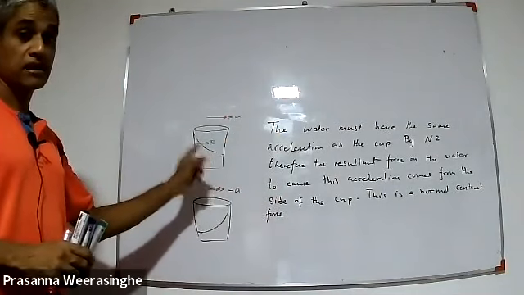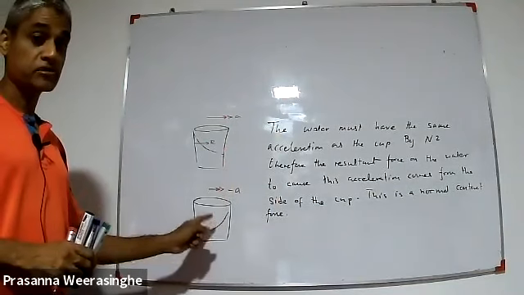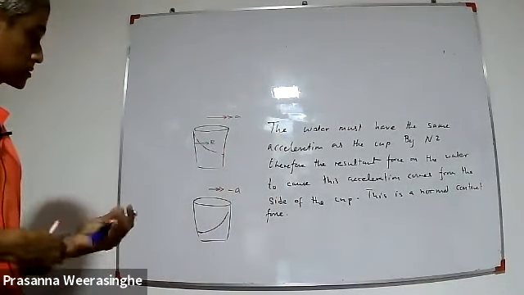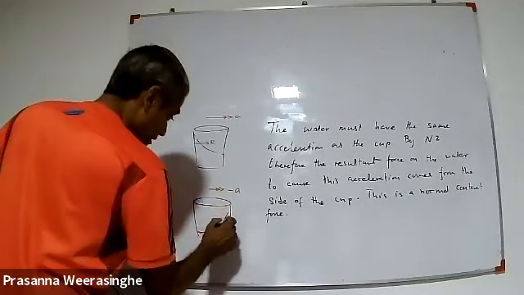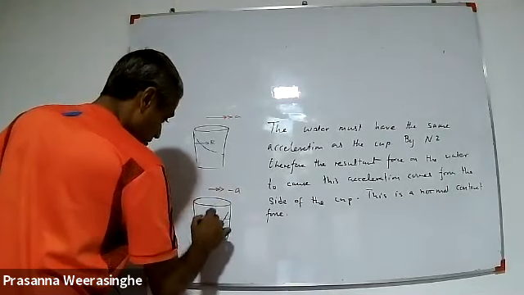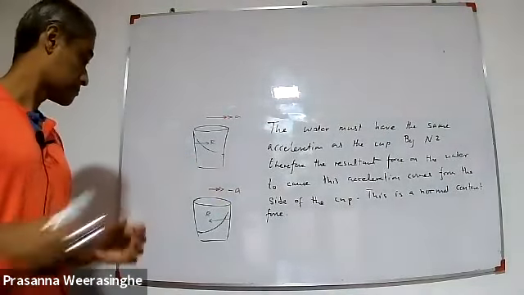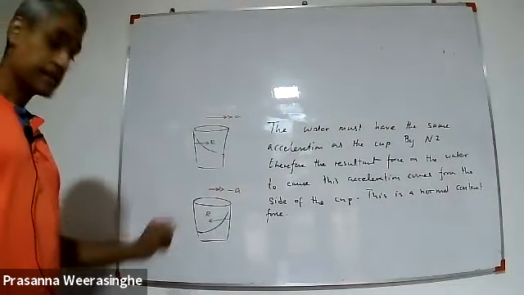Accelerating to the right, decelerating to the right, you need a resultant force the other way. So that's why it takes that position. It comes into contact with the side of the glass to get that contact force. But if you try to accelerate it the other way, also it takes this position.